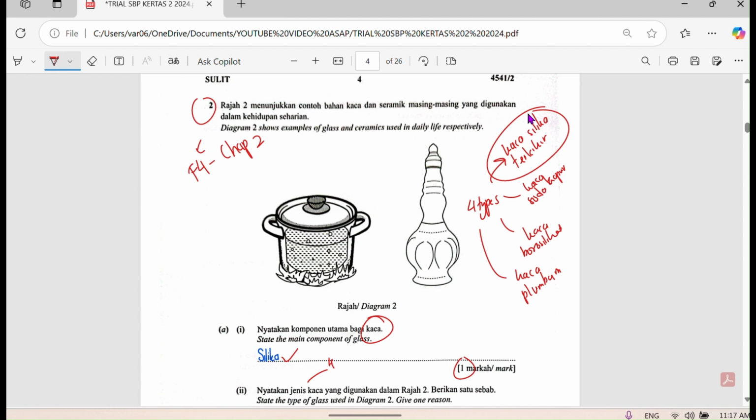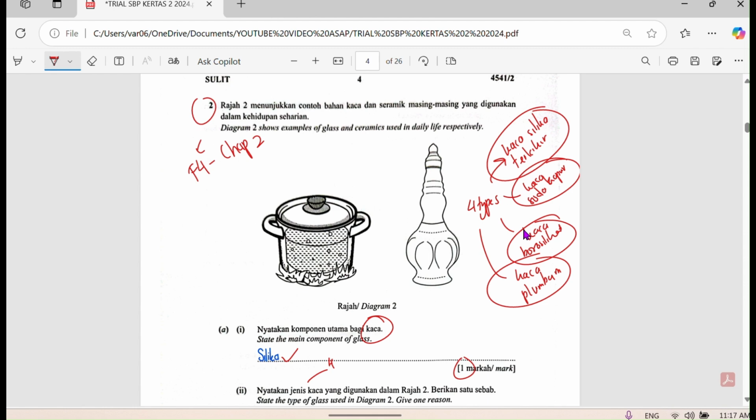Okay. So, kaca silika terlaku is usually used for telescopes and stuff like that. Kaca pelambam is usually for your chandelier. Why? Because the refractive index is very high. Kaca soda kapur, on the other hand, you use this to make glass Tupperware, glass water bottles and all.